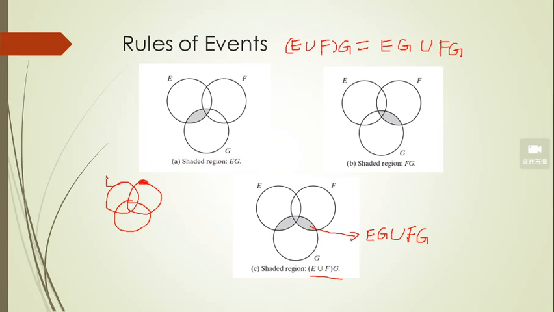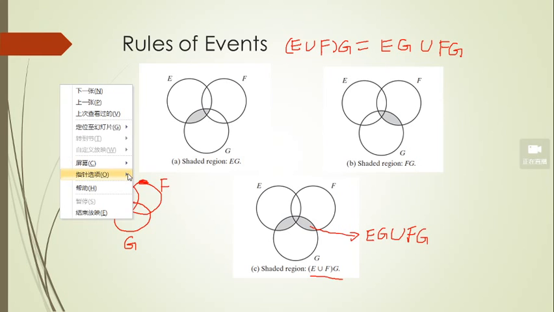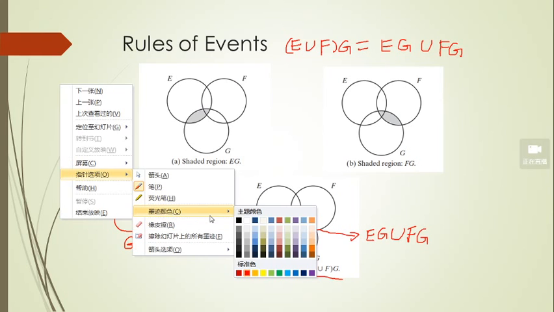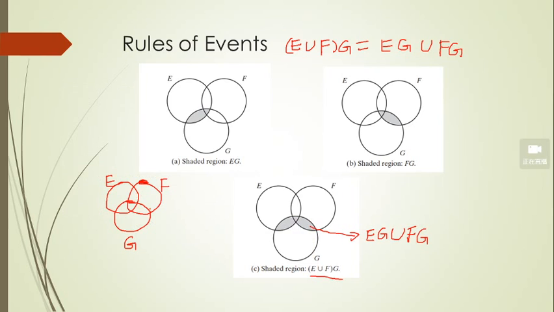So this is E, F, circle G. Now let me choose a different color. Do this part.